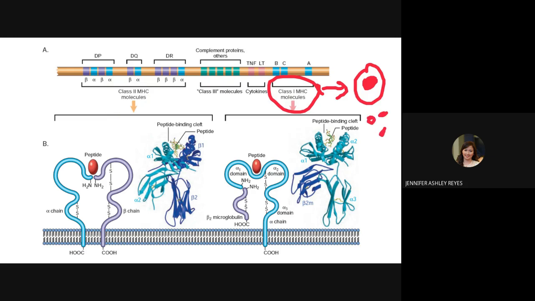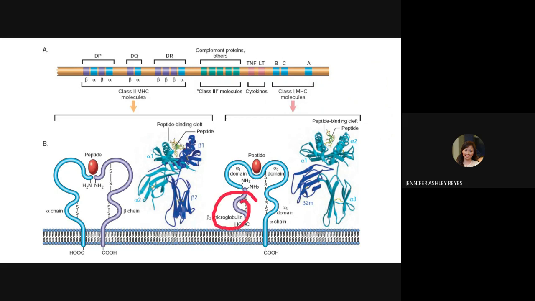So, they are heterodimers consisting of a polymorphic alpha heavy chain. So they are composed of the alpha heavy chain, and that is linked to a smaller non-polymorphic protein, yung beta-2 microglobulin.